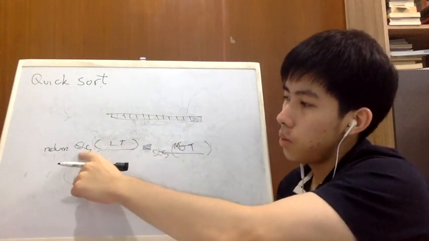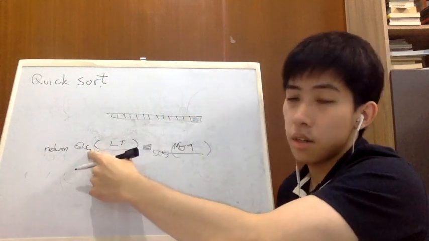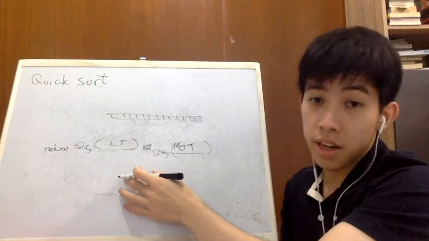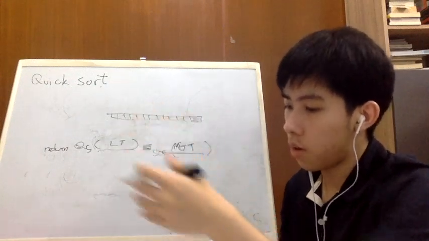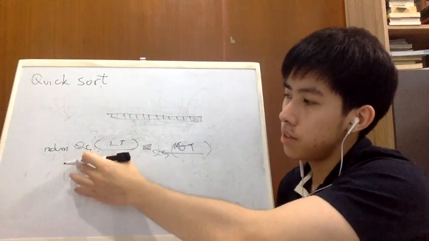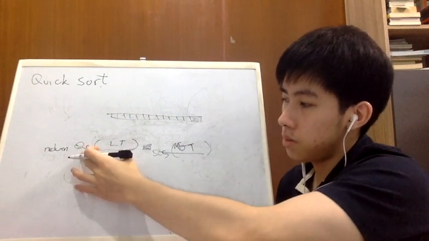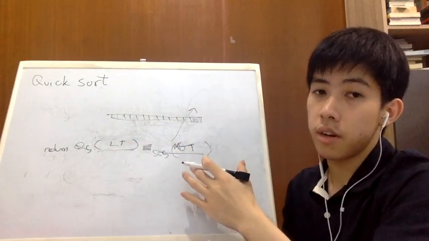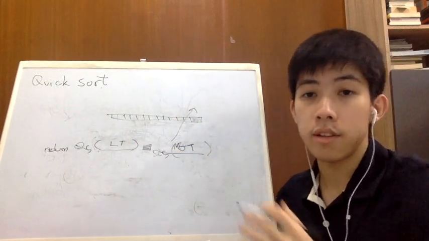This will repeat the same process with the smaller list. It will pick the pivot, divide into greater than and less than groups, and repeat the whole process until there's nothing left. It will return back to the caller function. Then in the end, we can return the sorted list where everything is sorted.